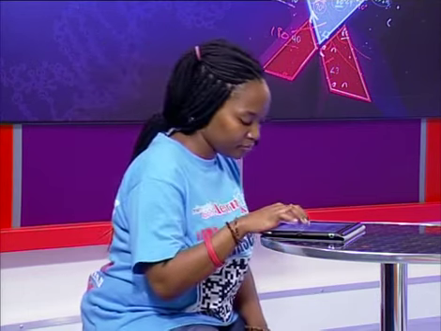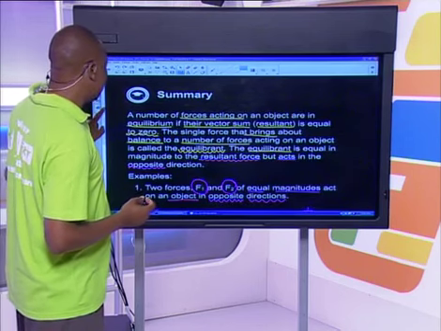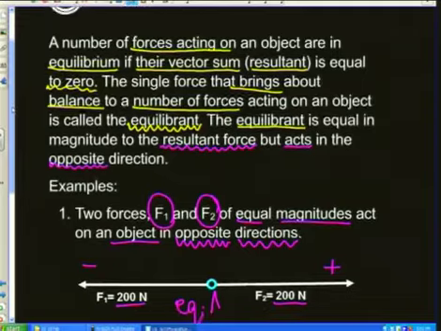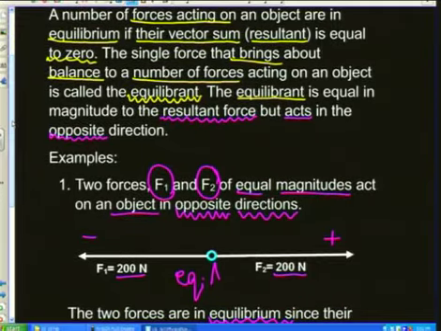Okay, let me go back to the summary. What is important for you to know about the equilibrium is that it is equal in magnitude to the resultant, but acts in the opposite direction. Okay, but that is not the definition of what an equilibrium is.